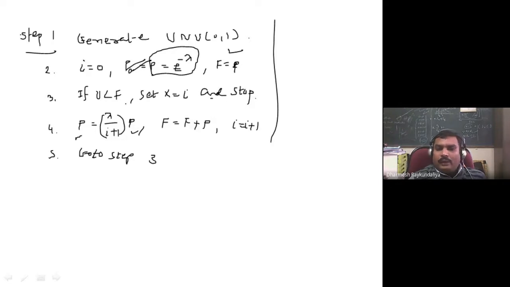I have calculated the I plus 1 probability, but now I have redefined it as p. So that we do not have to use a loop, meaning an index. And that is how I have reassigned it. Now what is p1? Initial f is p0, so now f is p0 plus p1.